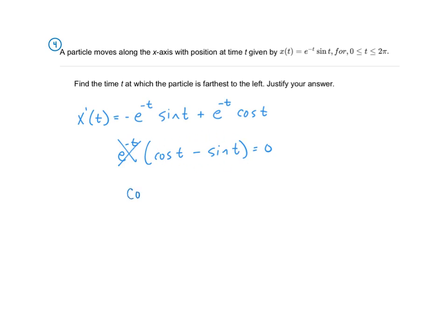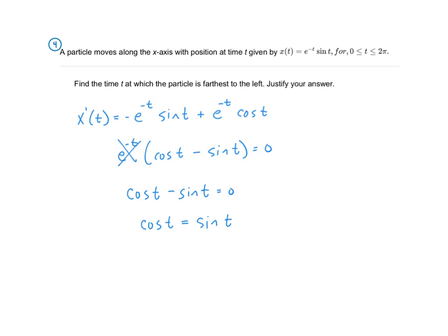And if you think about it, if you add sine to both sides, this is 0 when cosine equals sine. And then you just really have to think unit circle. On this interval, where do sine and cosine equal each other?